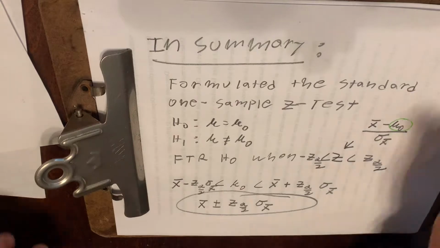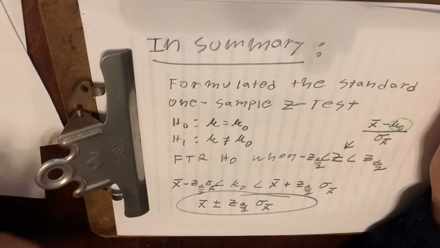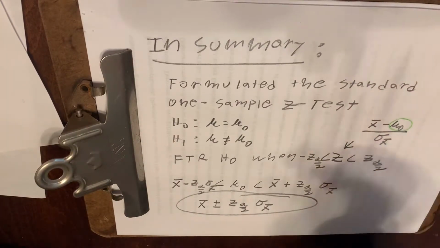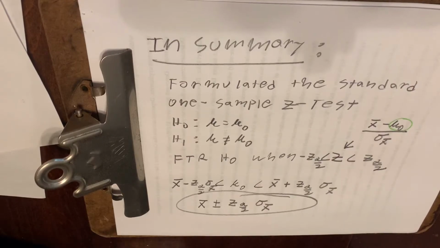So then the question that I typically get from students at this point is they say, well, professor, okay, you did this with a two-sided, a two-tailed hypothesis test. But if I recall, professor, you taught us one-tailed tests also.